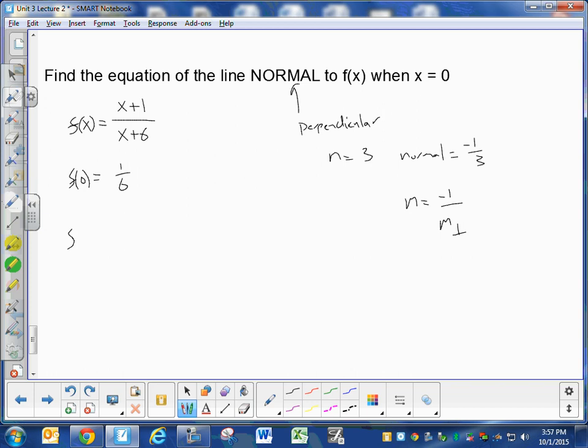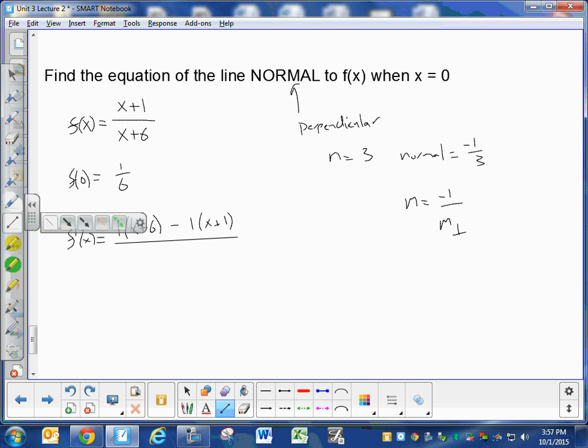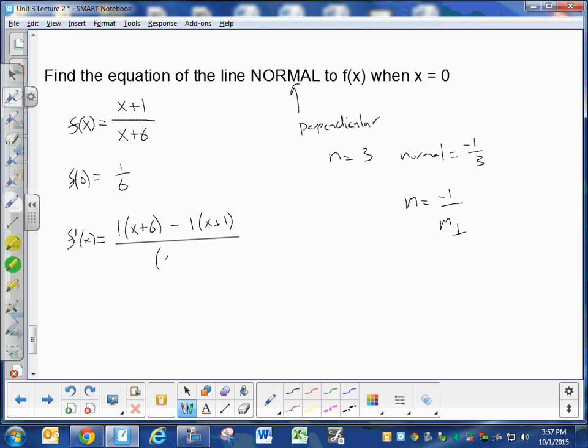So I need to find my slope generator by using the quotient rule. Derivative of the top times the bottom minus the derivative of the bottom times the top, all over the bottom squared. And what I get is this. And I can just plug in 0 to find the slope of the tangent at 0.